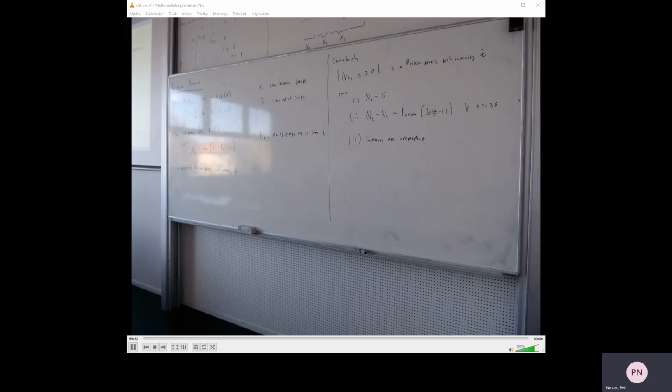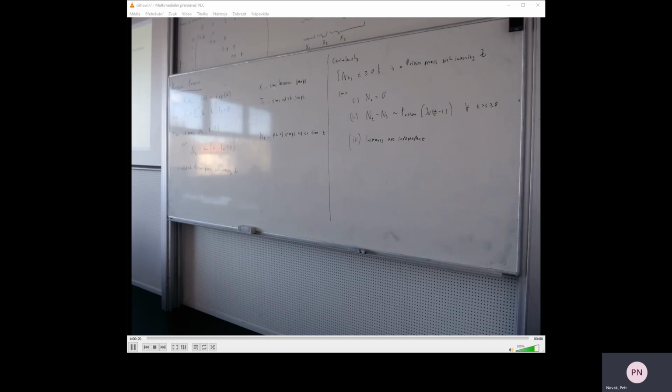And for the Poisson process, the times between the individual occurrences are exponentially distributed. That's a continuous distribution, which we will study further. The binomial process can jump only in integer times. The Poisson process can jump in actually any time point on the non-negative real scale.